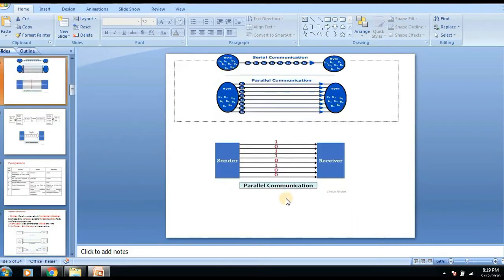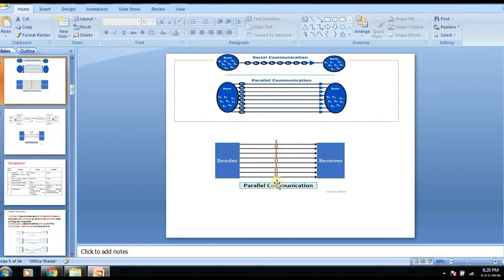Here we can see an example of serial communication and parallel communication. The bytes are represented here. This is the sender and this one is the receiver. Here the bits are transmitted bit by bit, but in parallel communication, all the bits are transmitted at a time.